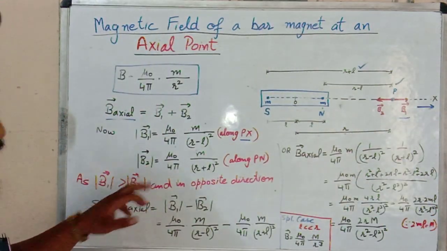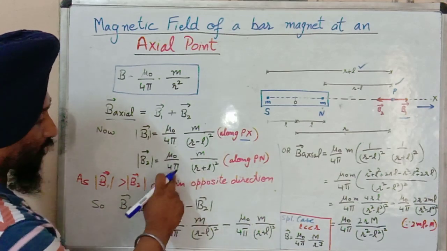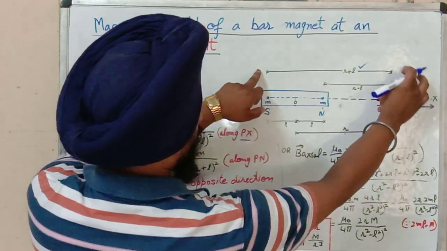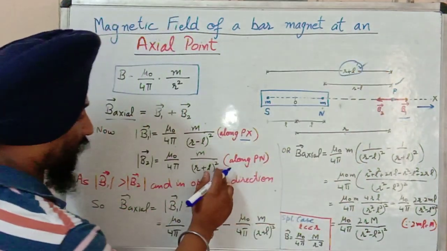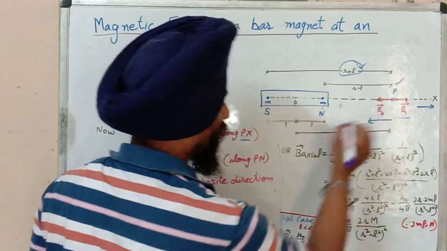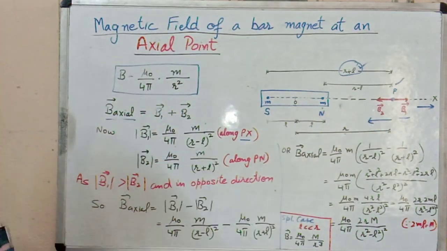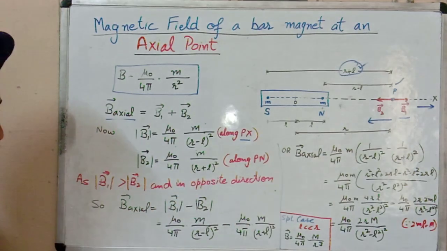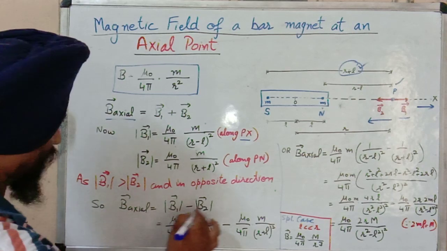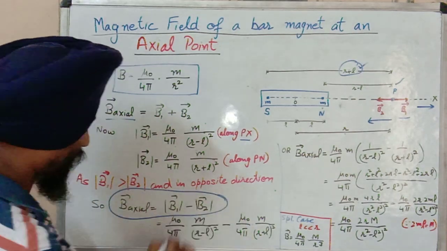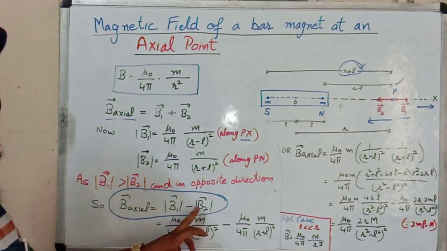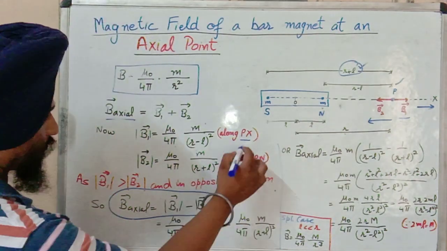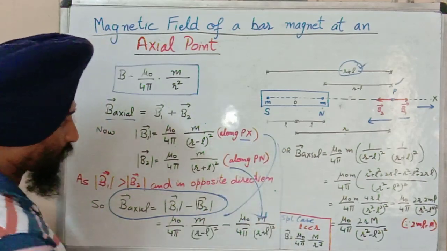Also B2 can be calculated by the formula mu naught upon 4 pi, m upon (r plus L) square, along PN, this direction. Now it is clear from the data that B1 is greater than B2 and in the opposite direction, so we can conclude that total B axial equals B1 minus B2. And now we have to calculate by putting these values here.